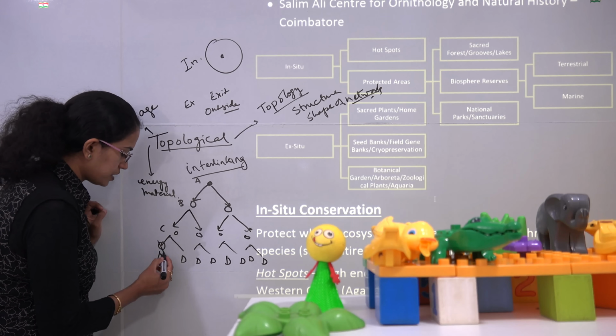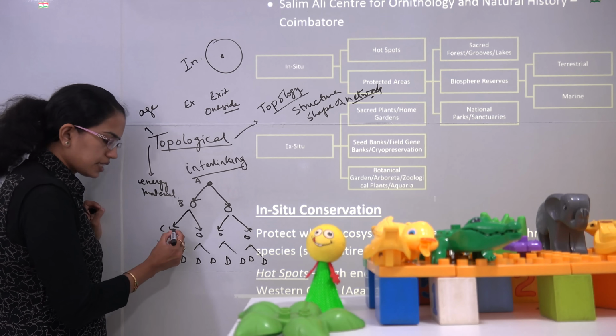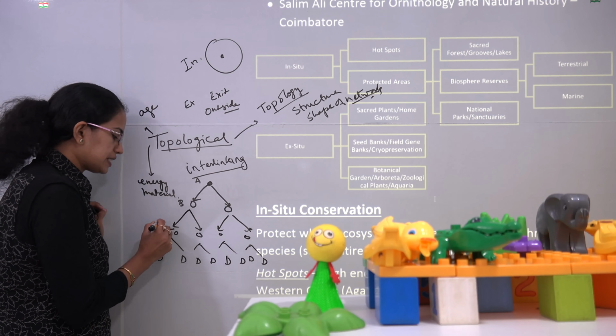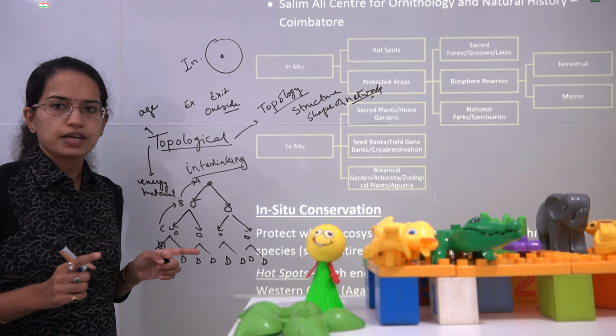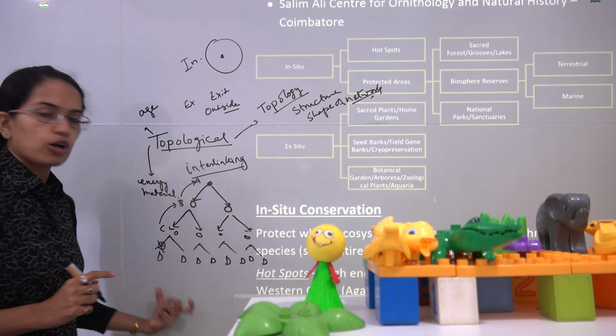Let's say I remove the species D, species C would be affected. If species C is affected, B would be affected. If B is affected, A would be affected.